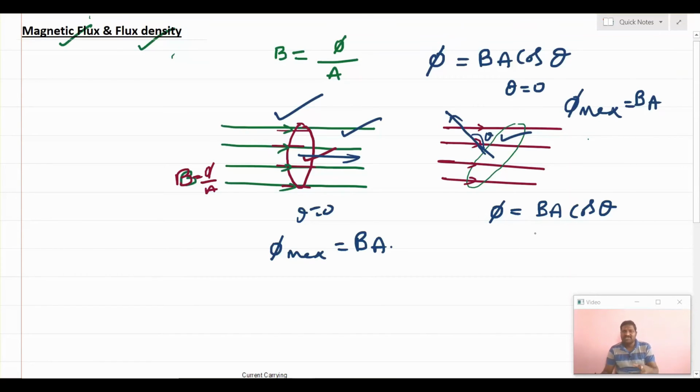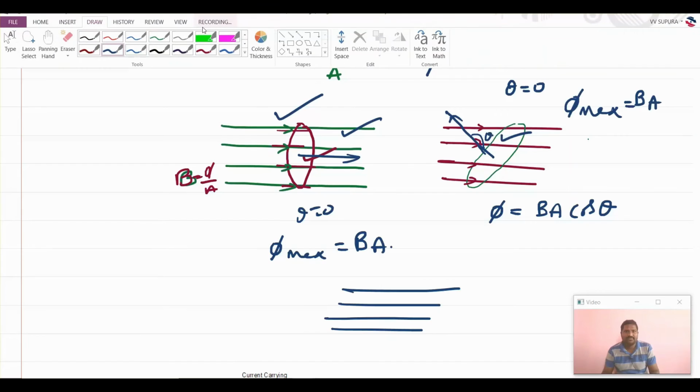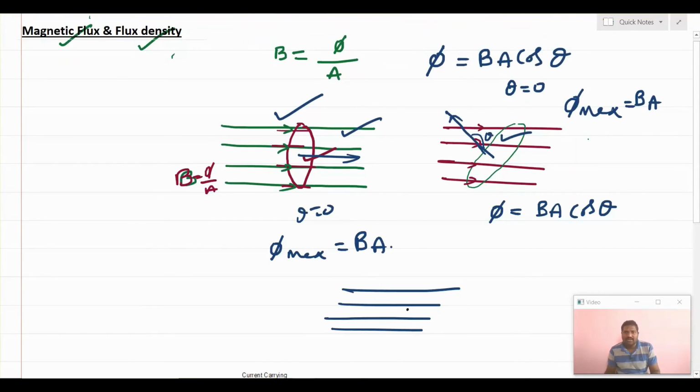Suppose theta is equal to 90 degrees. If theta is equal to 90 degrees, what does it mean? These are the magnetic lines. If you put the coil in this way, the axis is in this direction and the magnetic lines are in this direction.